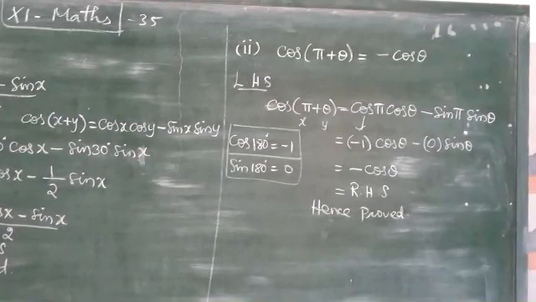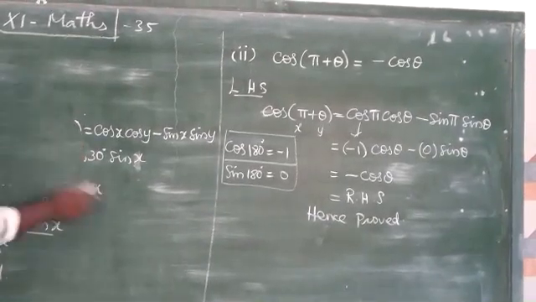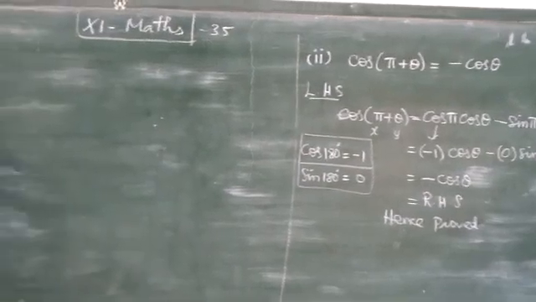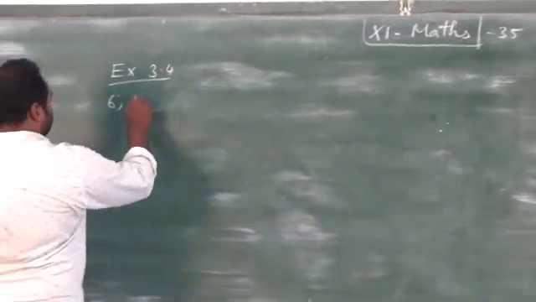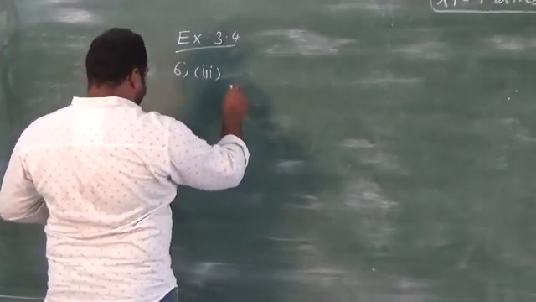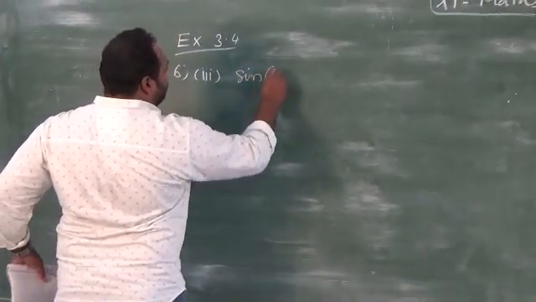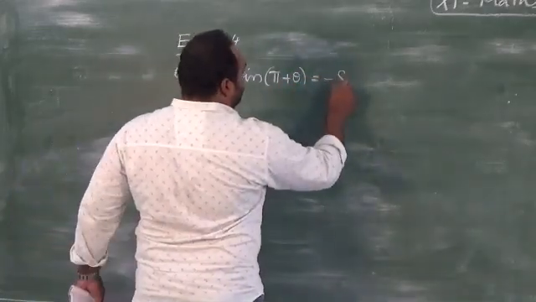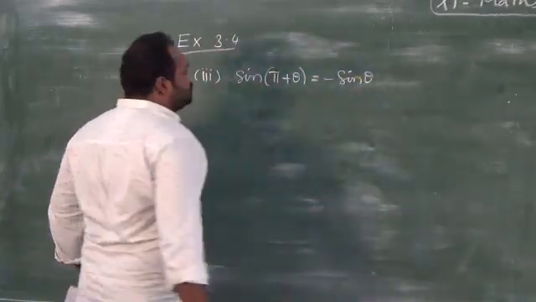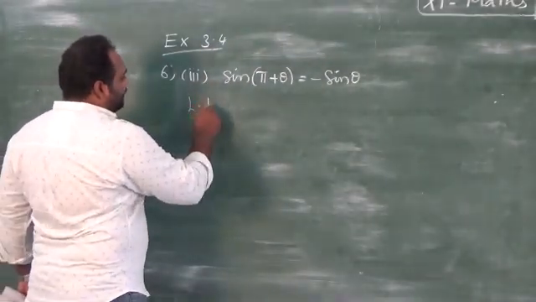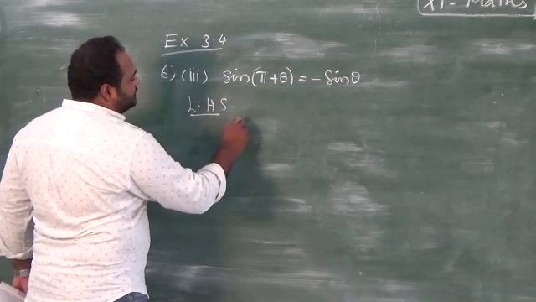Next, third subdivision is sin of pi plus theta equal to minus sin theta. Here take LHS side. What is LHS side?